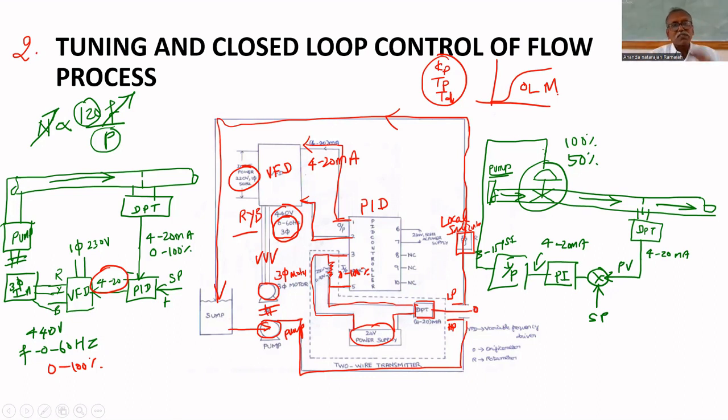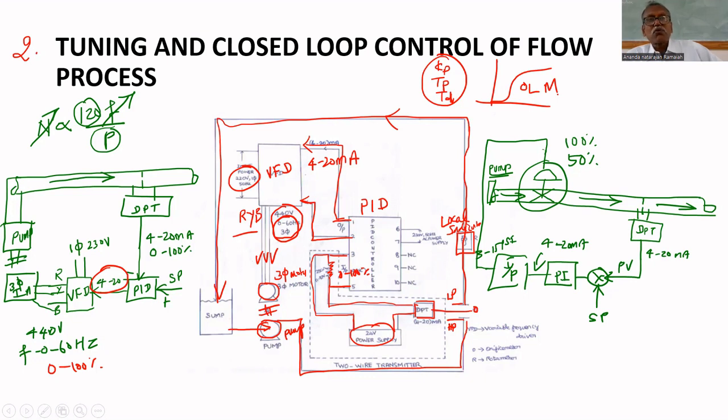It is the fastest process among the 4 processes: level, temperature, pressure, and flow rate. If you consider all 4 together, the flow process is the fastest. Pressure and level are moderate. Temperature is a slow process. That's why only for the temperature process do we use the derivative mode that we have seen.